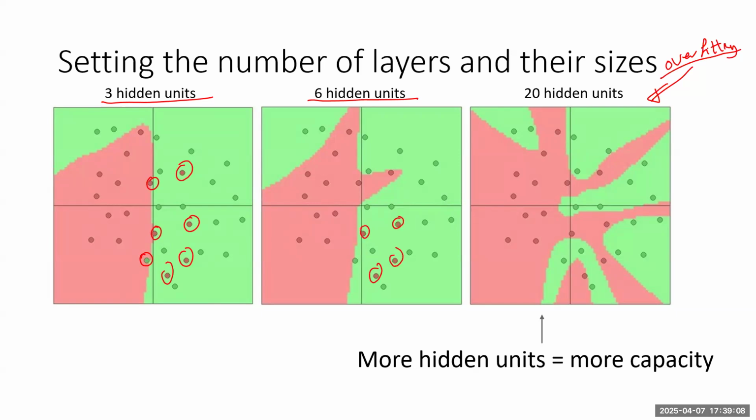If you increase the number of nodes to 20, all of the samples are classified correctly. But if I now have a new red sample, and the new red sample is here, or there, or there, in this case, here would still be an error. Here, it will go with this region.